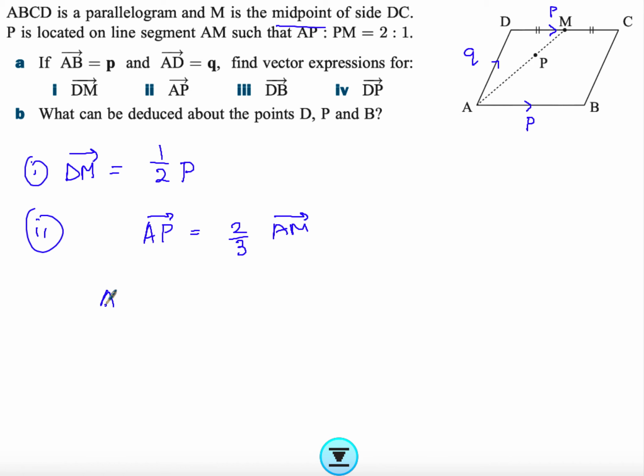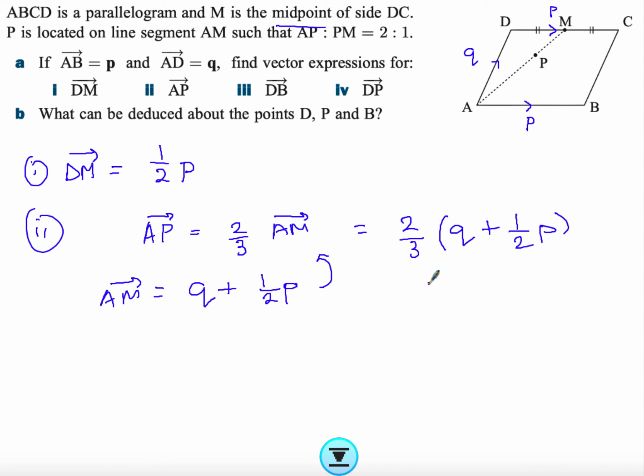And A to M is basically Q, and then plus half of P, which is D to M. I can plug this in and say AP is 2/3 of Q plus half of P, and then you expand it like you would in algebra. So I have 2/3 of Q plus, remember it's multiply, so I have 2/6 of P.